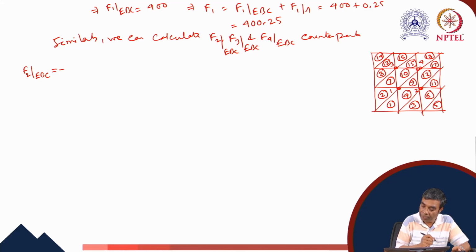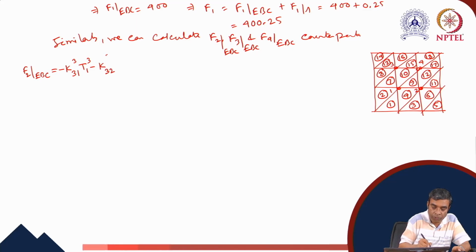For element 3, our I is 3 and B is 1 and 2. So minus K313 T13 minus K323 T23. This is from E equals 3.